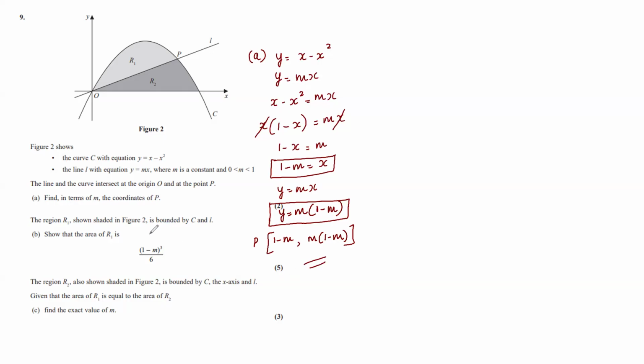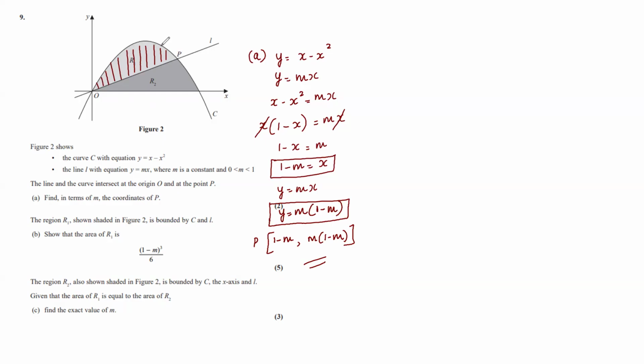Now, the region R1 shown shaded in figure 2 is bounded by C and L. Show that the area of R1 is (1 minus m) the whole cube divided by 6. So for this, we need to find this particular area. R1 is what they are asking us. So it's the curve minus the line, because the curve is on top and the line is below that.